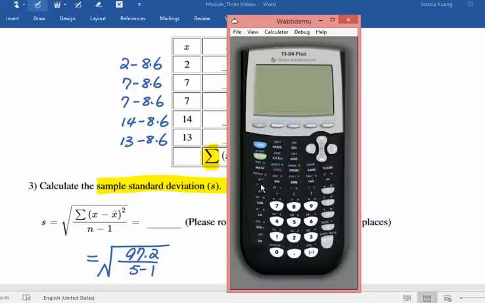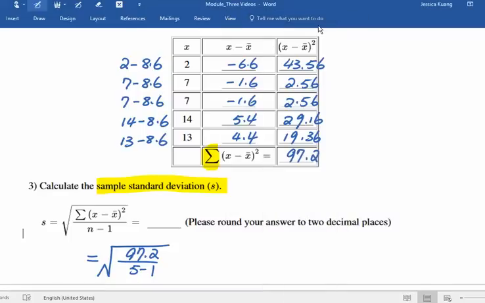But your graphing calculator always gives you two different standard deviations, and this is the only time I will explain it to you. There is a difference between the sample and the population standard deviation. In this case, the sample standard deviation is 4.93.